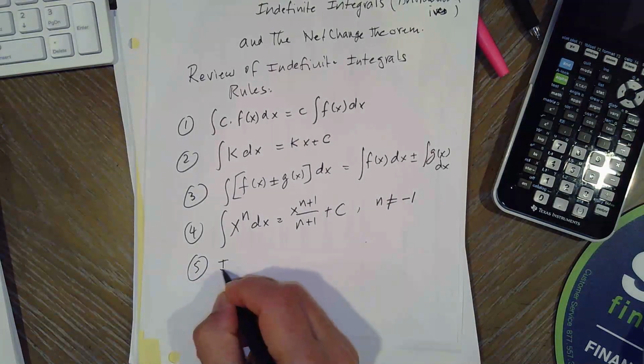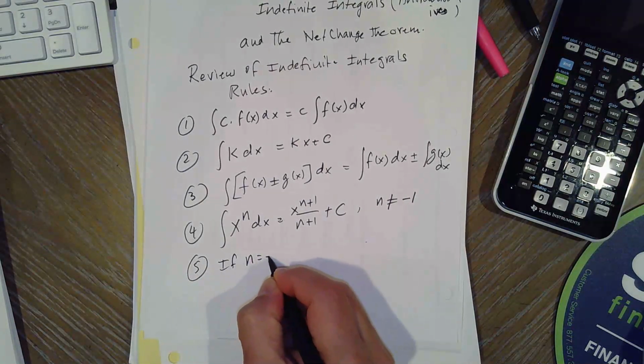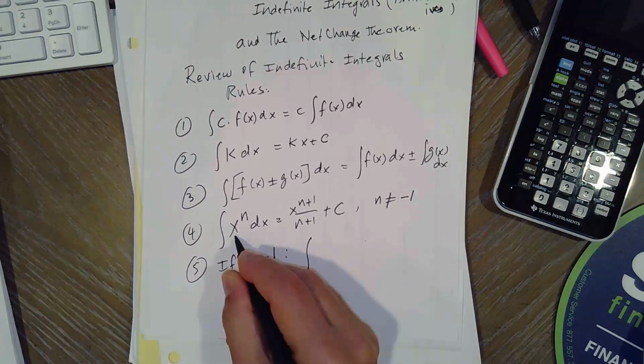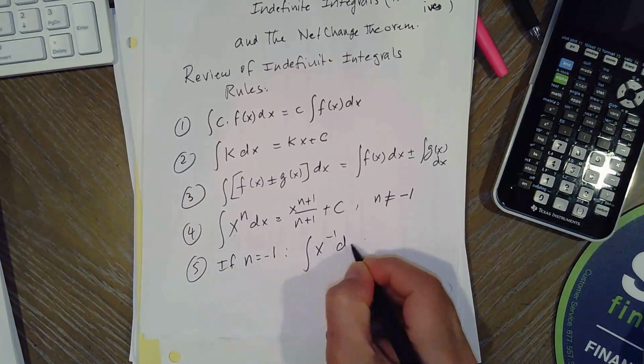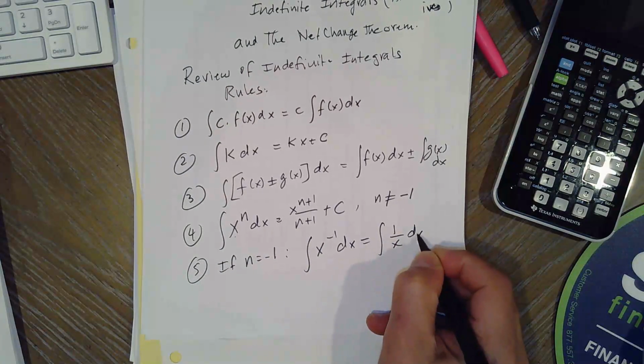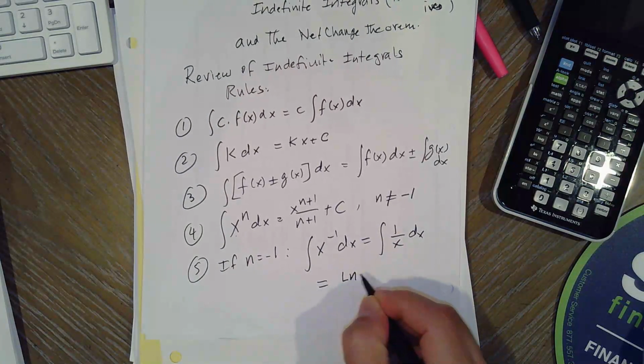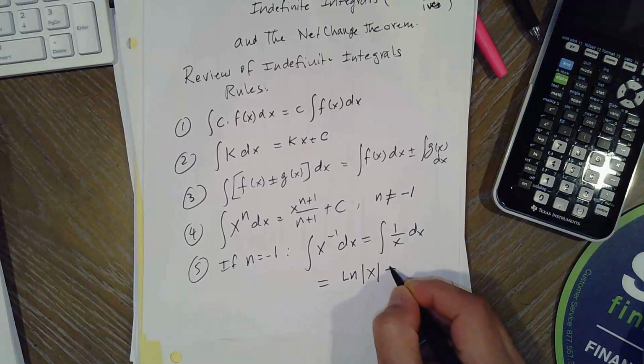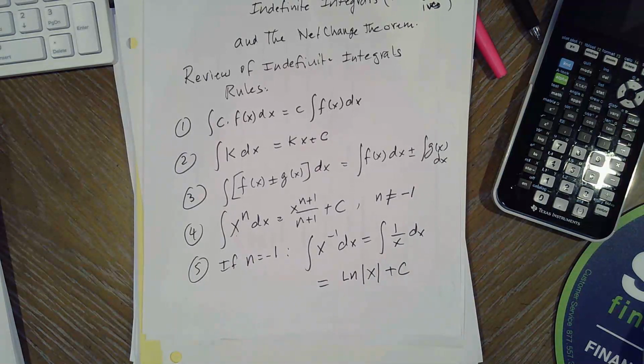If n is negative 1, then you're doing the integral of x to the negative 1 dx, which is the integral of 1 over x dx, and we know this is natural log, because the derivative of natural log is 1 over x. Okay.